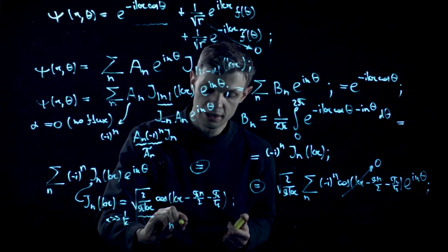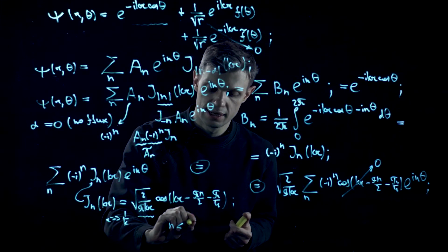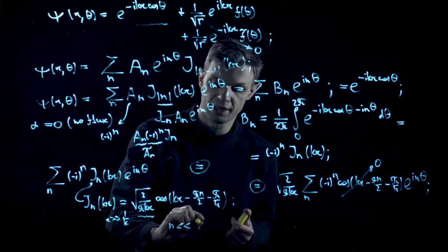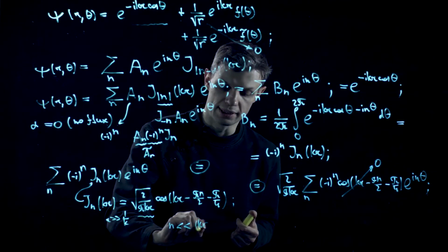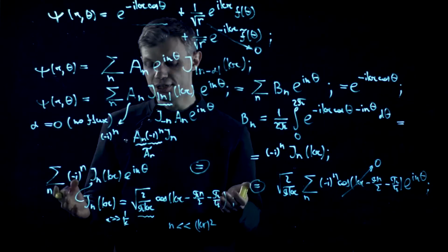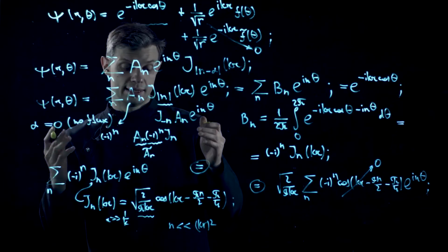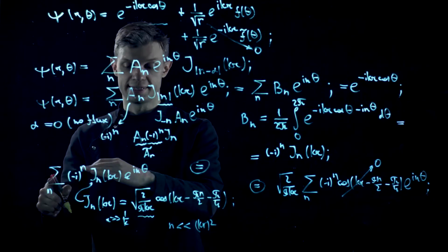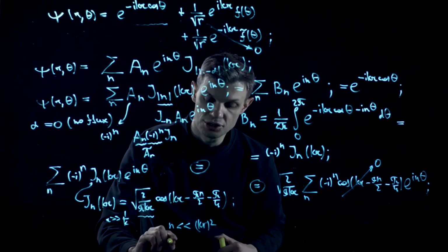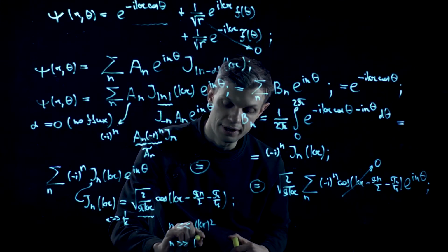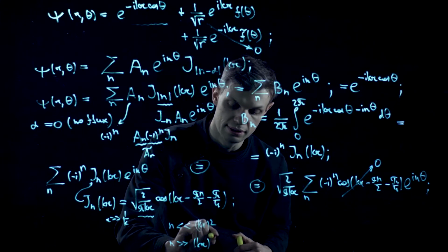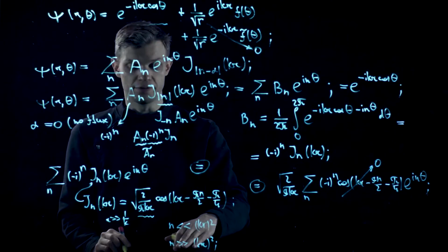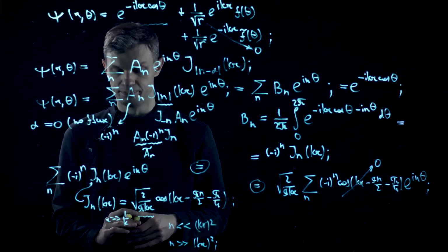In particular, it works for n much smaller than k r squared. So the explanation is that it seems the crucial terms in this sum are the terms with actually large values of n, and for these large values of n, we can't use this asymptotic expression.